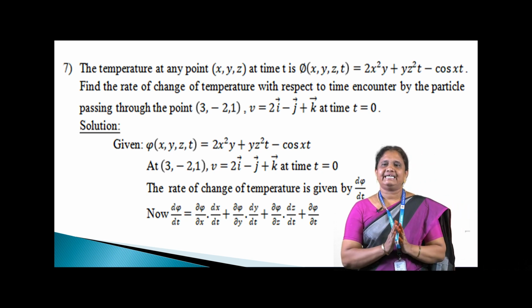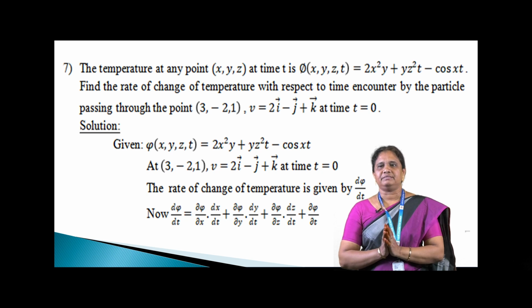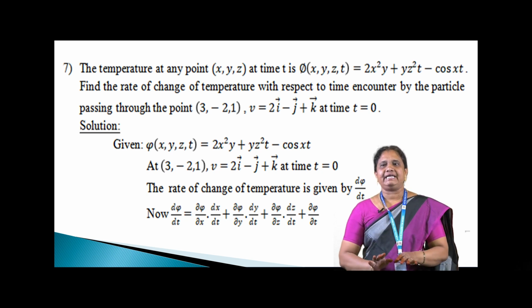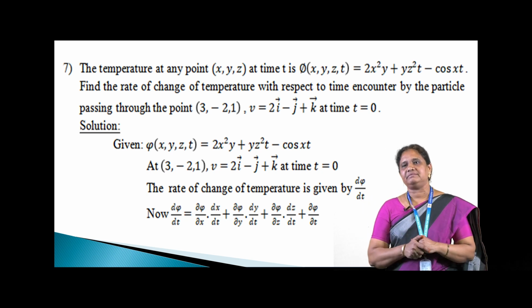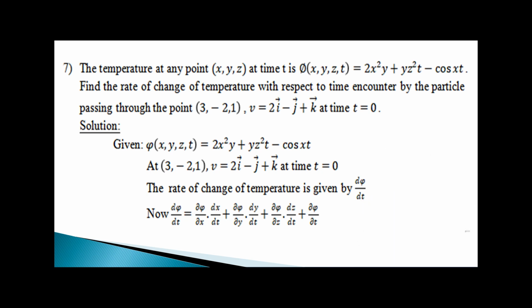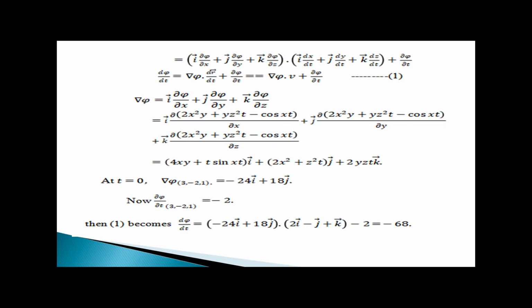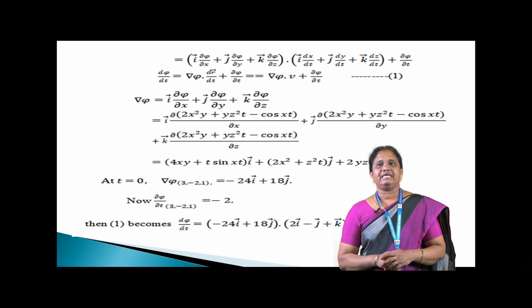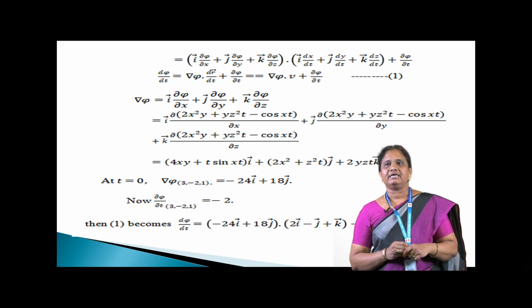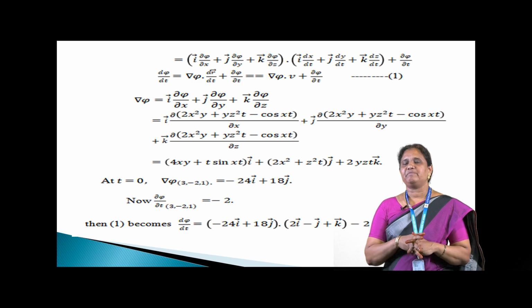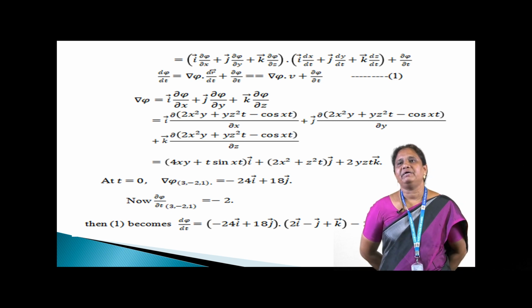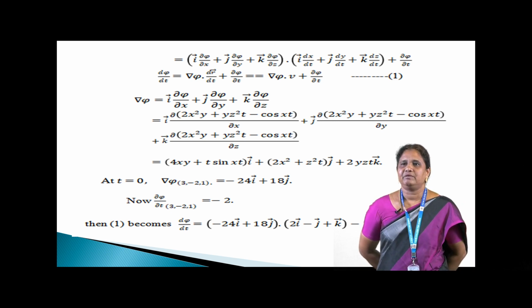Next, the right hand side has totally 4 terms. Consider the first 3 terms; the addition of the first 3 terms can be written as the dot product of i vector dou phi by dou x plus j vector dou phi by dou y plus k vector dou phi by dou z, dot i vector dx by dt plus j vector dy by dt plus k vector dz by dt.